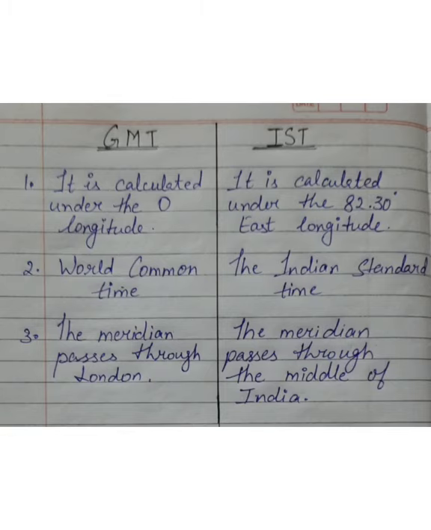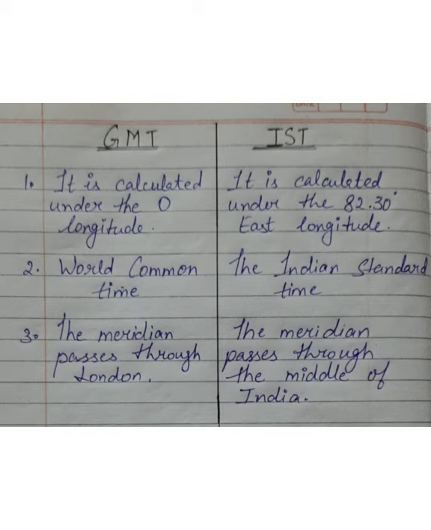Now let's understand the difference between GMT and IST. GMT is Greenwich Mean Time. IST is Indian Standard Time. GMT is calculated under the 0 degree longitude. You remember we have already done this in the latitude and longitude chapter, and IST is calculated under the 82.5 degree east longitude.